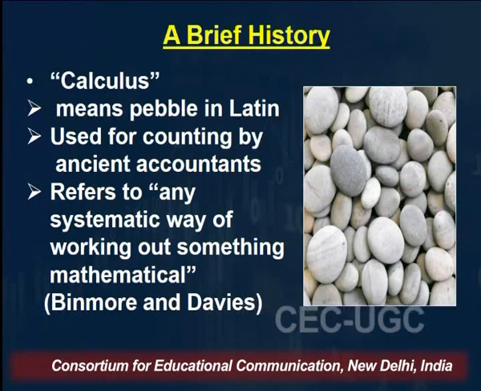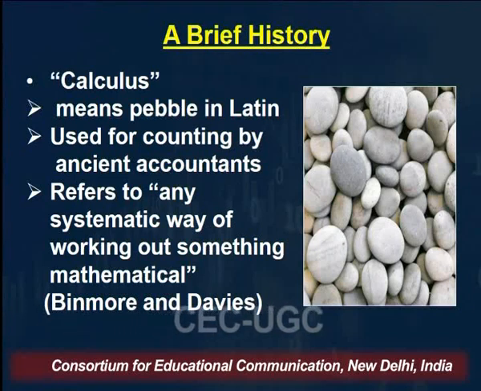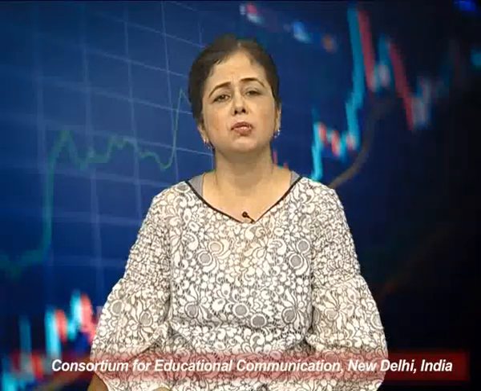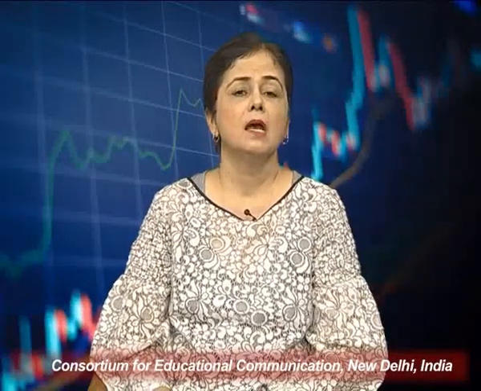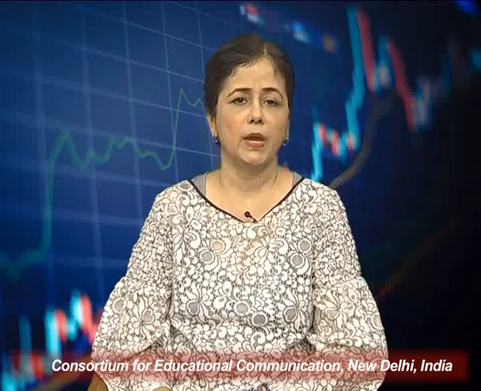So basically, pebbles were used for computation. And according to Binmore and Davies, calculus refers to any systematic way of working out something mathematical. So even though it was used by ancient accountants to do counting and other computation, nowadays calculus refers to any systematic way of working out something mathematical.